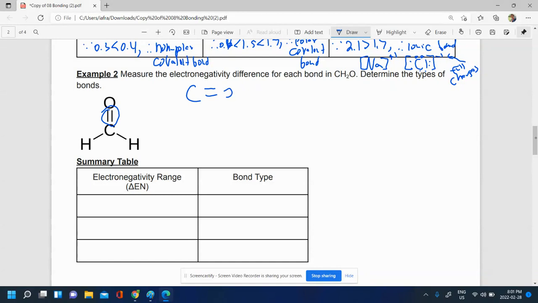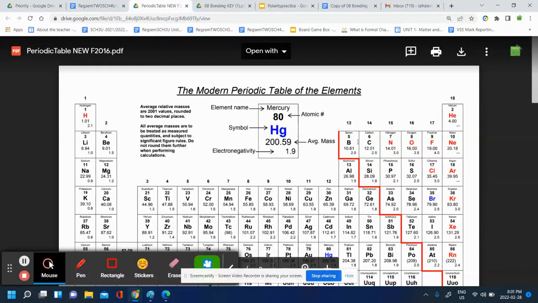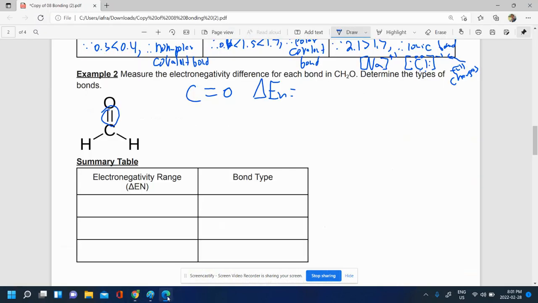Whether it's double, single, or triple doesn't make a difference. This is a CO bond here. We want to find out if it's polar, nonpolar, or ionic. So I'll do my electronegativity difference between carbon and oxygen. And you'll see that it's 3.5 minus 2.5. And that gives us 1.0.